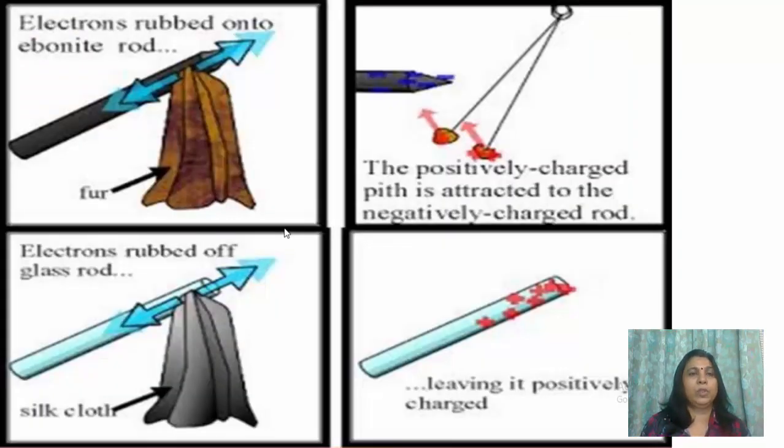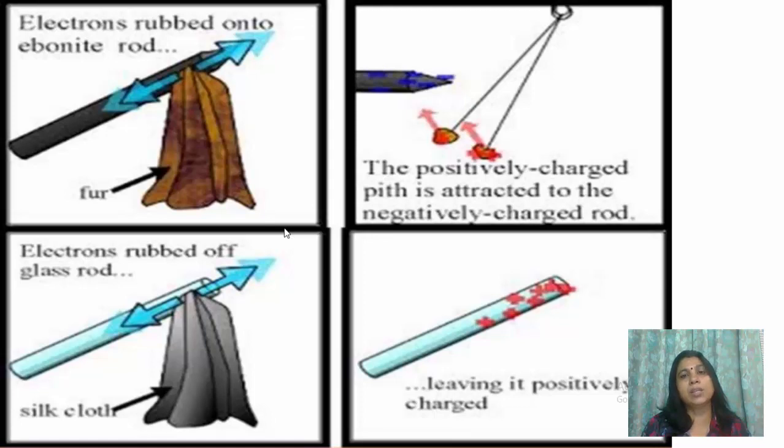We know when two objects are rubbed, as in the first case, the electrons are rubbed onto the ebonite rod. This ebonite rod is rubbed against fur, and we can see the electrons are transferred onto the ebonite rod. That means electrons are more on the ebonite rod.